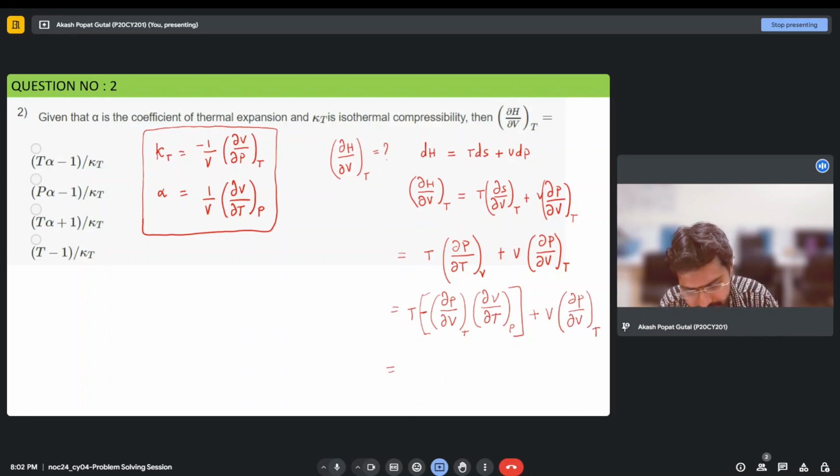Now you just adjust in terms of kappa T and alpha.